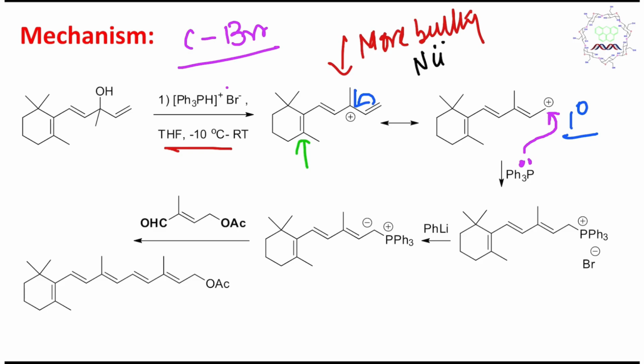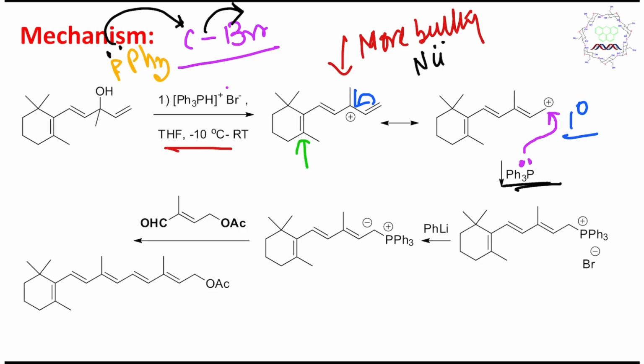Then in the next step, in the reaction medium there is triphenyl phosphine. We know that triphenyl phosphine is a good nucleophile and Br is a good leaving group. So this PPh3 molecule with its lone pair can attack here and bromide can leave. So ultimately the fate is the same. That's why I suggest you don't bother about why bromide, why you didn't write the bromo, because the ultimate product is this one.